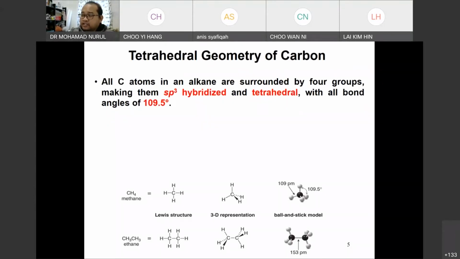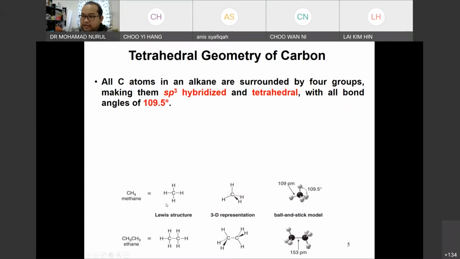So for tetrahedral geometry of carbons, usually the cycloalkanes and the alkanes, okay, have carbons already surrounded by 4 atoms, making them sp3 hybridized, and the shape is tetrahedral, okay. The bond angle is around 109.5. So this is kind of a representation of this alkane. For example, we have methane here.